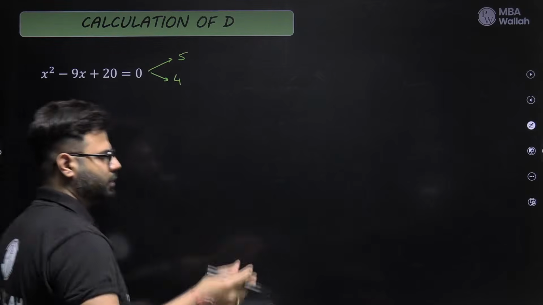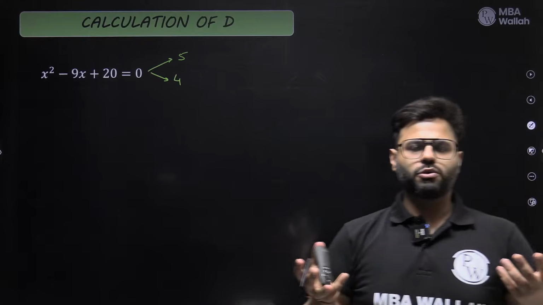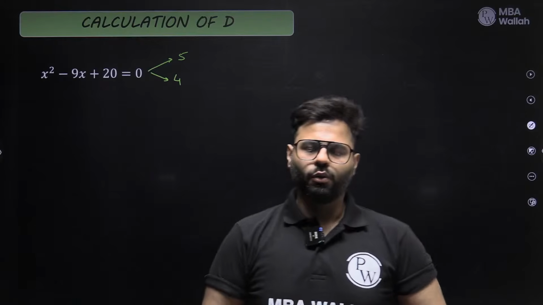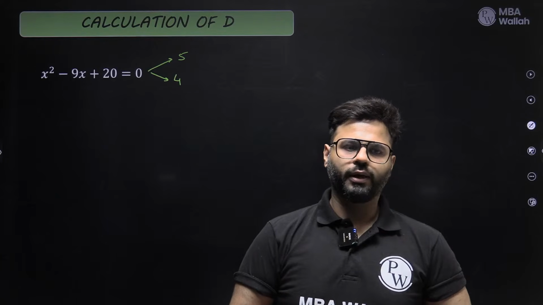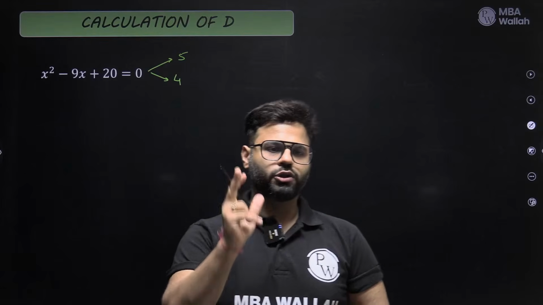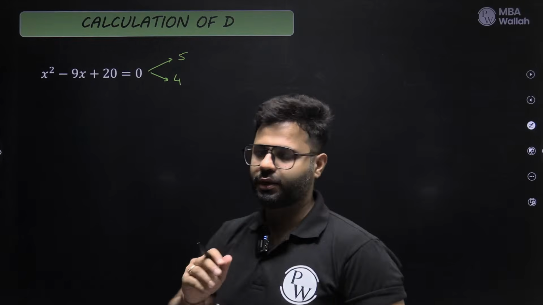Now suppose I was not able to solve this using splitting the middle term. Let us say I was not able to identify the right factors, which can sum up to 9 or product to 20. Then what is the other method that I have? That is discriminant method. Now how to solve it using discriminant method, we will understand.